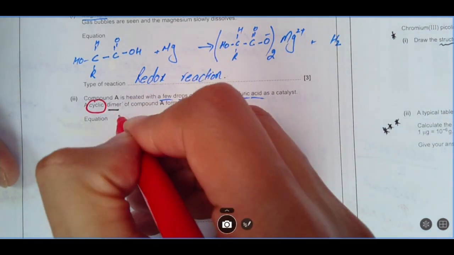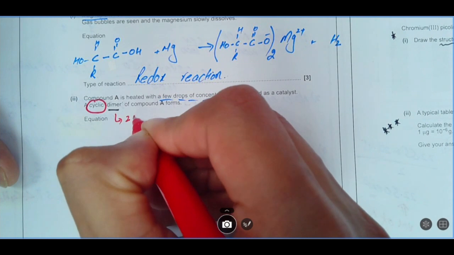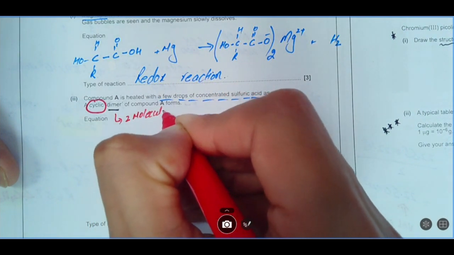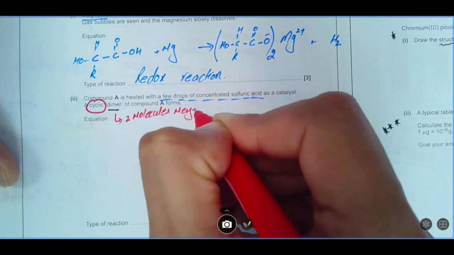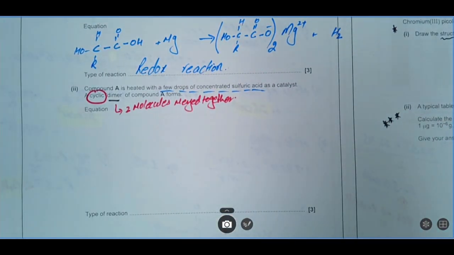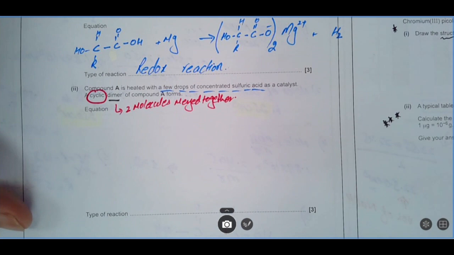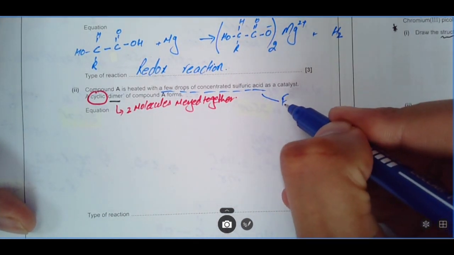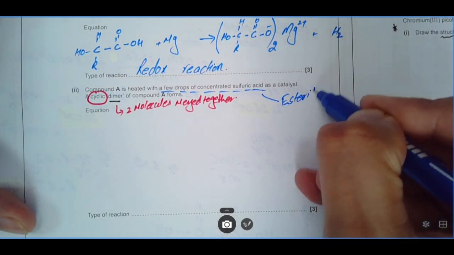Dimer means it is made up of 2 molecules. So 2 molecules merged together. Now we are using concentrated sulfuric acid. What is this for? This is for esterification.